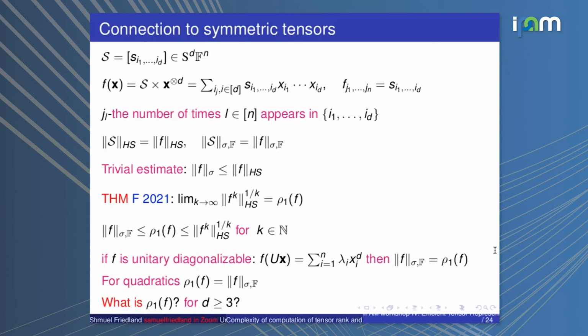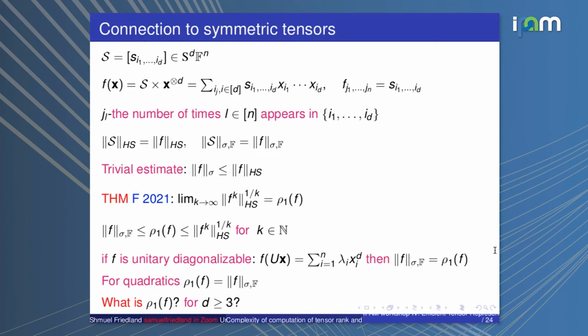Then the Hilbert-Schmidt norm of F is the same as the Hilbert-Schmidt norm of S, and the spectral norm of S is the same as the spectral norm of F. So we have the trivial estimate that the spectral norm of F is less than or equal to the Hilbert-Schmidt norm. Here is one of my recent results on arXiv, put up last month or maybe this month.